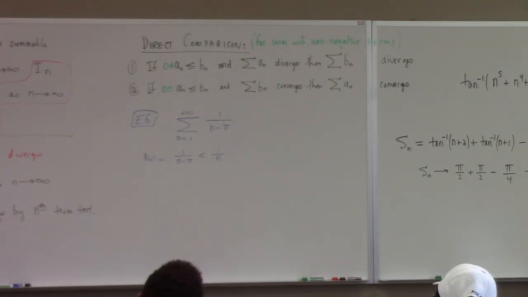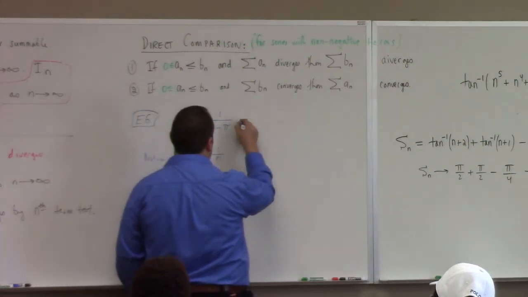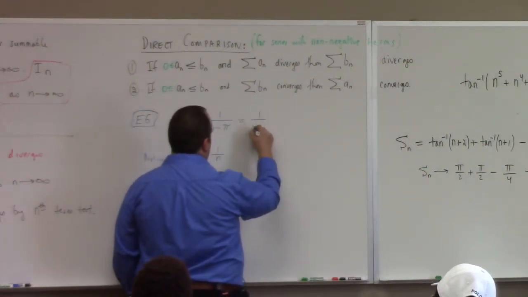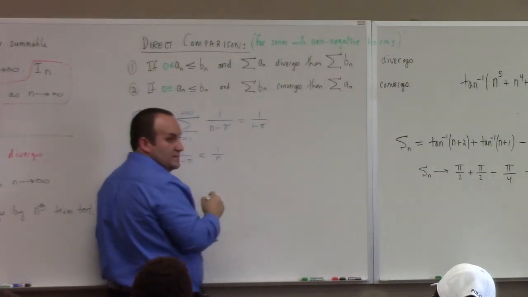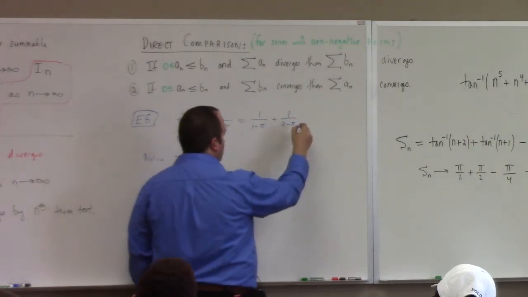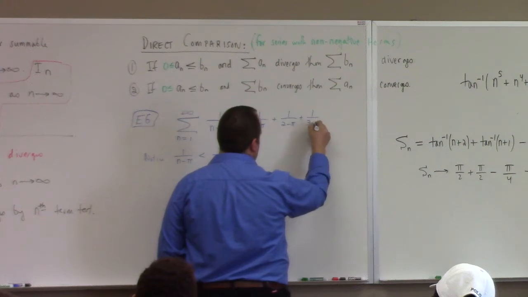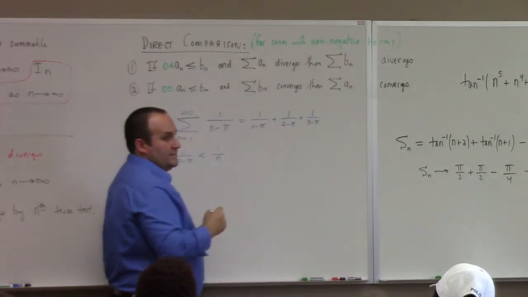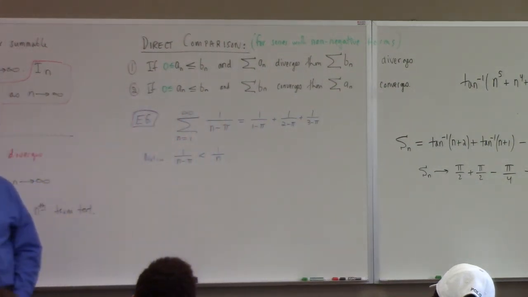What are the first few terms in this series? It's 1 over 1 minus pi, plus 1 over 2 minus pi, plus 1 over 3 minus pi. Now, the next term, 4 minus pi, is actually positive, right?